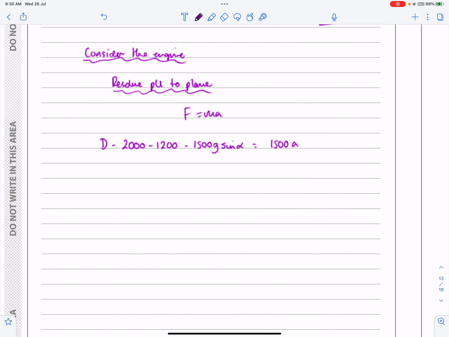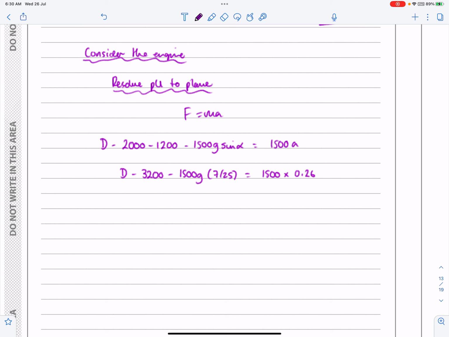But we know what acceleration is now. So this is D minus, well, that's 3200, minus 1500g, 7 over 25 again, and that's equal to 1500 times the 0.26 that we had. I'll use the whole number, but I'll put 0.26 there.